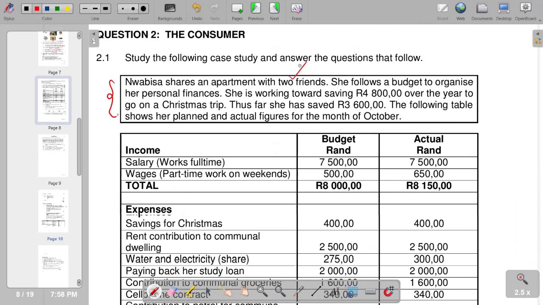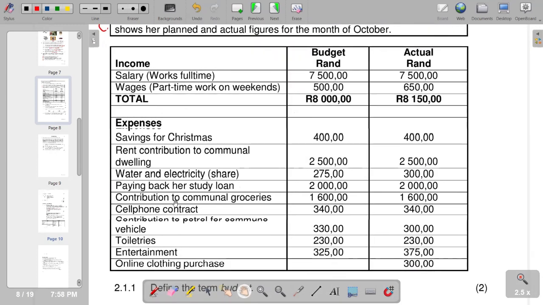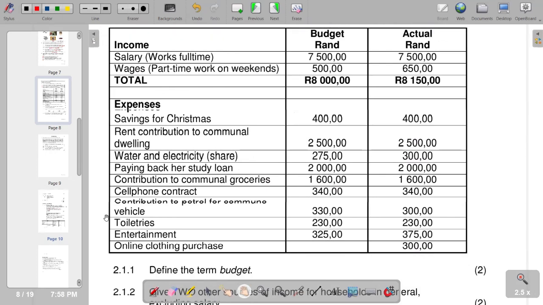So that's the household composition, that there are 2 friends inside the household. Of course, they are going to share the expenses. So in that case, it's obviously going to affect the expenditure. And Nkabisa is going to have less expenses. So there's going to be extra money for spending on items like entertainment. So that's within that context, that's how we are going to explain.